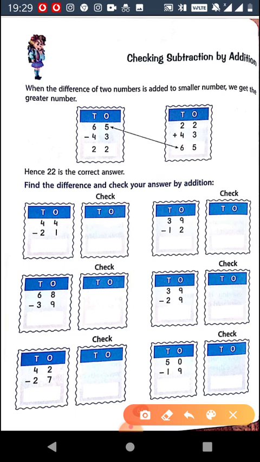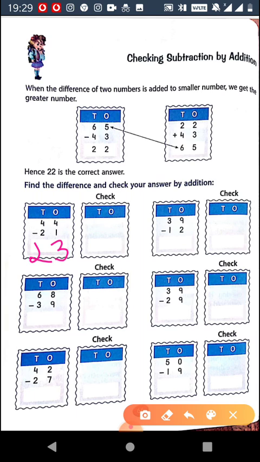Now see the sums. Find the difference and check your answer by addition. First is 44 minus 21. Now 4 minus 1 is equal to 3 and 4 minus 2 is equal to 2. So the answer is 23.